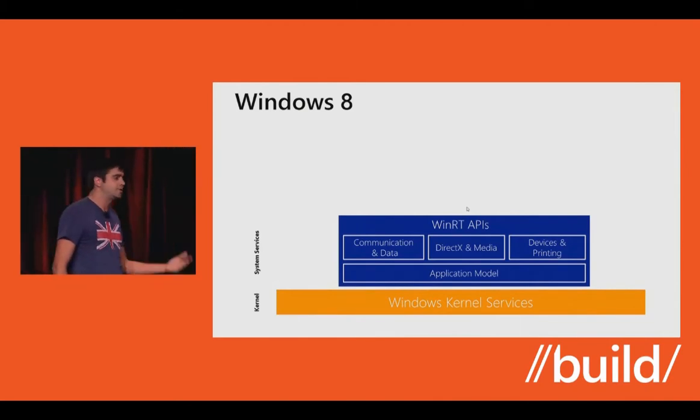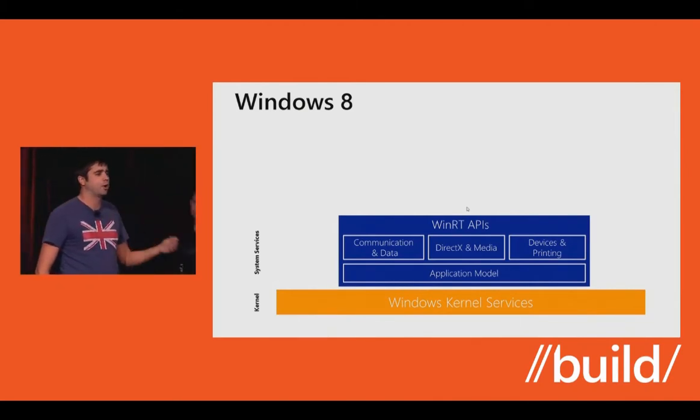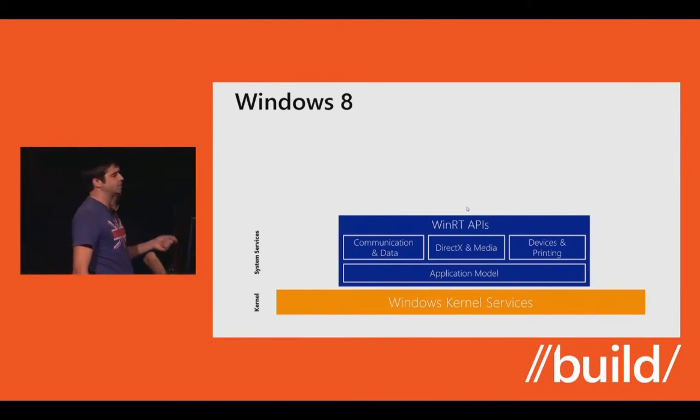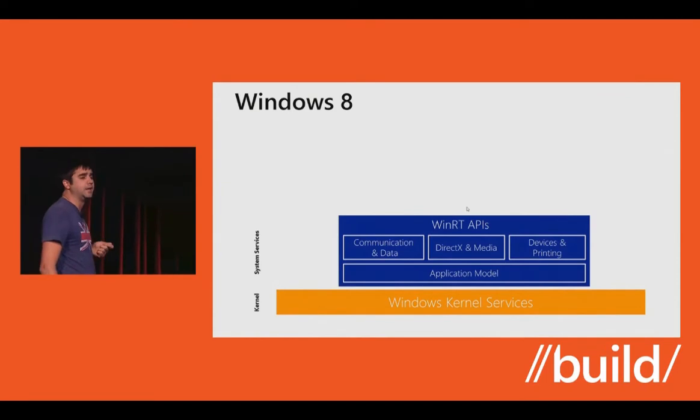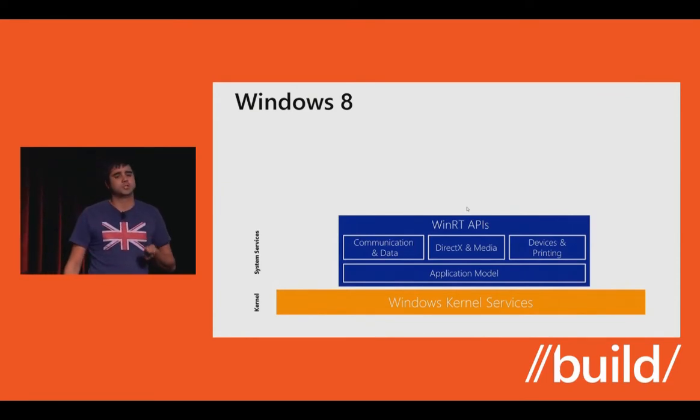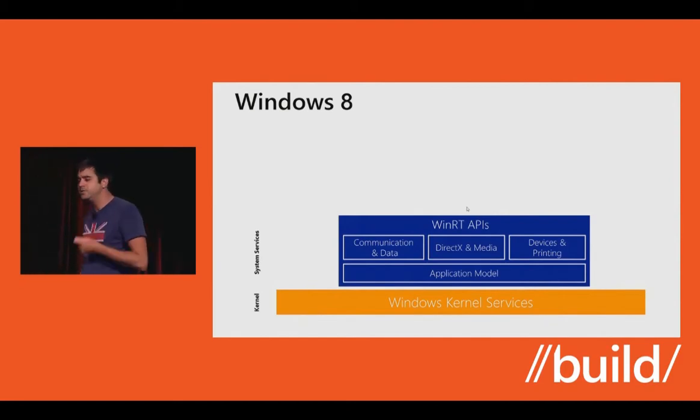So if you're a C++ developer, great, you'll program directly to WinRT. If you build C# or VB apps, you'll still program to WinRT. And new for Windows 8, if you're a JavaScript developer and you want to build a native Windows app using JavaScript, great, you can, and you still program to WinRT.